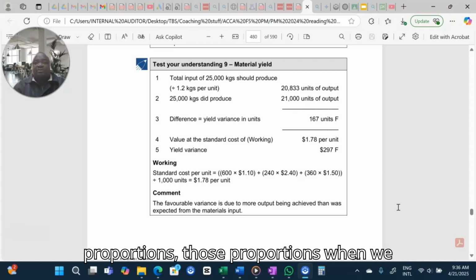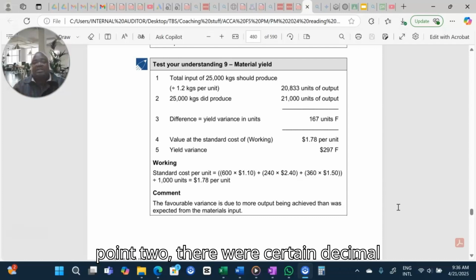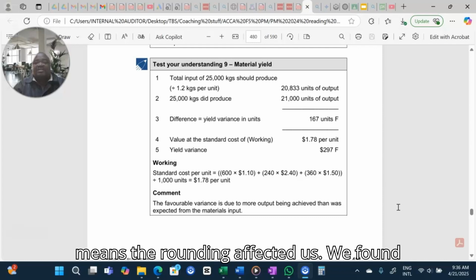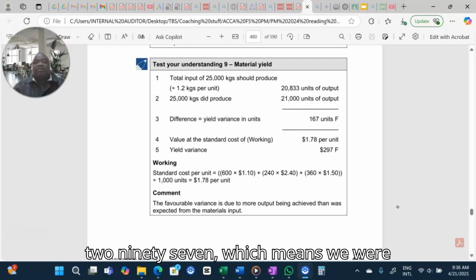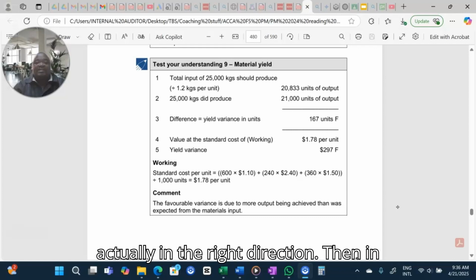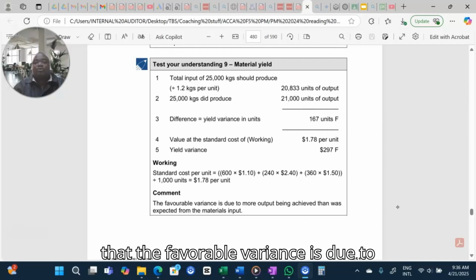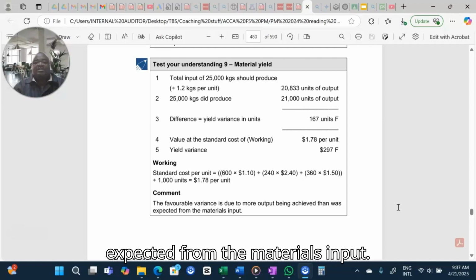Those proportions, when we calculated the 0.5, 0.2, there were certain decimal places which were ignored, or we rounded upwards, which means the rounding affected us. We found 296, but these guys have got 297, which means we were actually in the right direction. Then in terms of the comment, their comment was that the favorable variance is due to more output being achieved than was expected from the materials input.